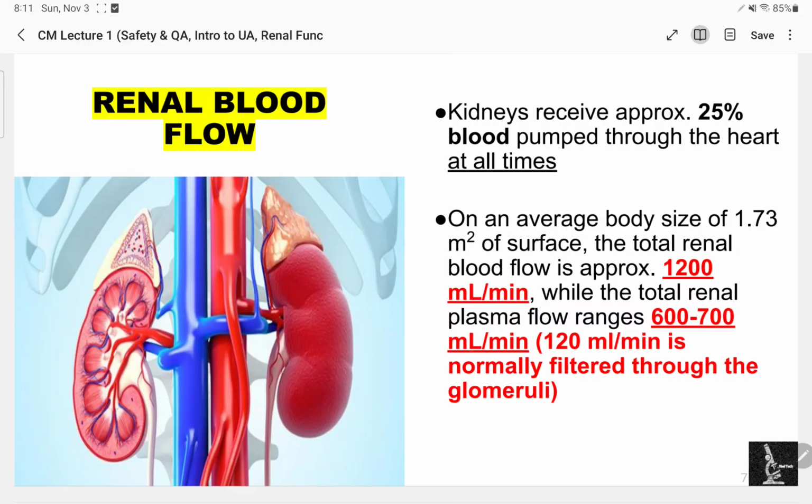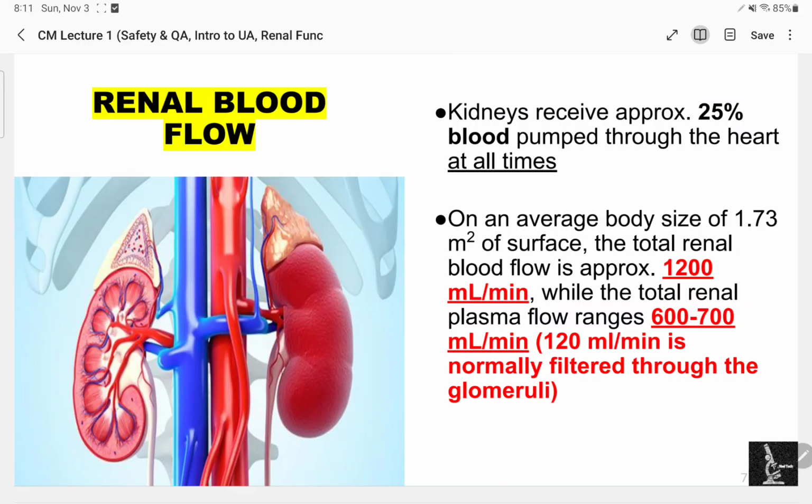And for a normal body size, that is 1.73 meters squared, which is, by the way, no longer the average size of people. Before, the average weight of a person was 70 kilograms. But today, because of sedentary lifestyle, people have become more than 80. Okay? Anyway, we will just use the average body size of 1.73 meters squared.